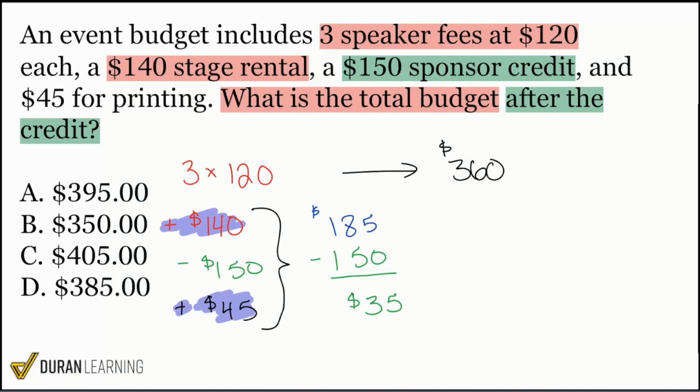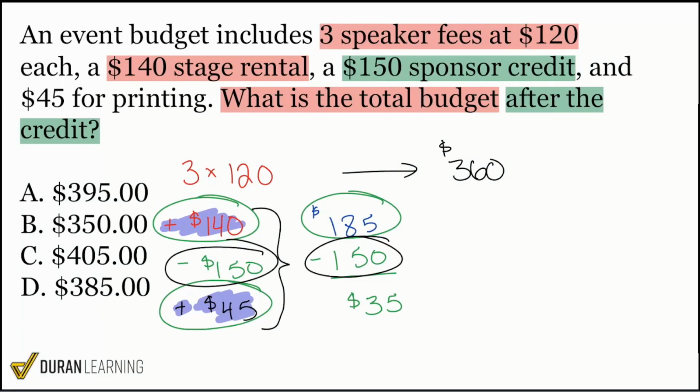That is a clean 35 that we know that we are adding on. We are adding that to the end because we had a positive 185. We subtracted 150 and it remained positive. So we are adding this back on to the end. So with that, my party people, what are we adding it on to? That 360 right here. 360 plus 35.